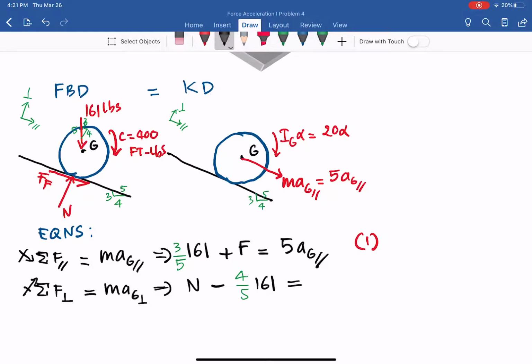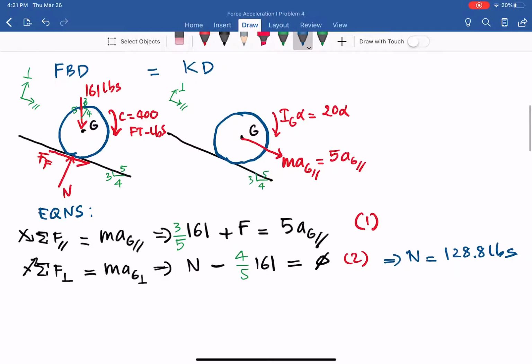We have nothing because G does not jump up and down in the perpendicular axis, so you have 0. And from here, that is equation 2. From that equation 2 we can find one equation, one unknown, and N equals 128.8 pounds. So that is the normal force.